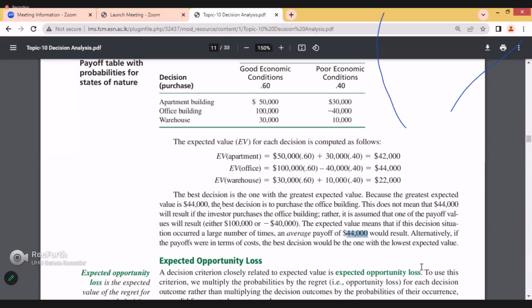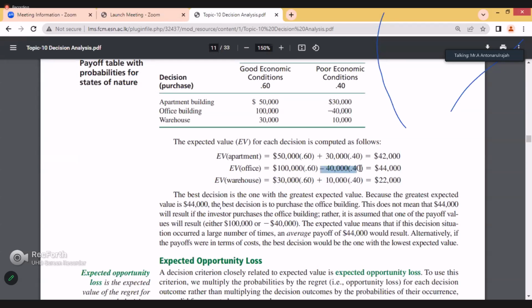Accordingly, if the payoffs are costs, the best decision would be the one with the lowest expected value. All right. So now you see, look critically into that.